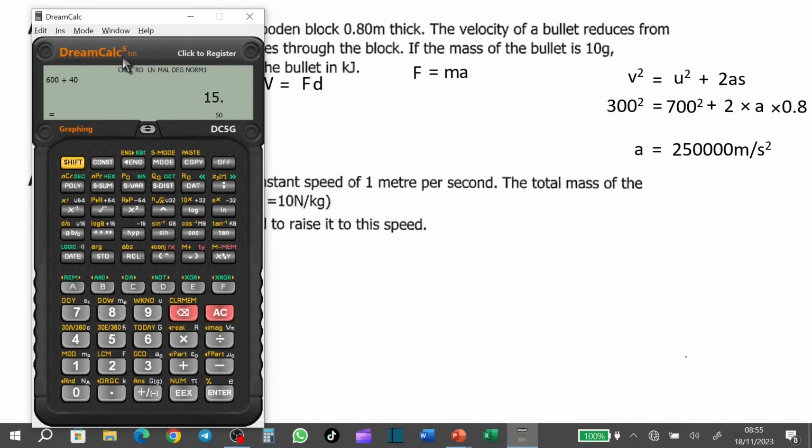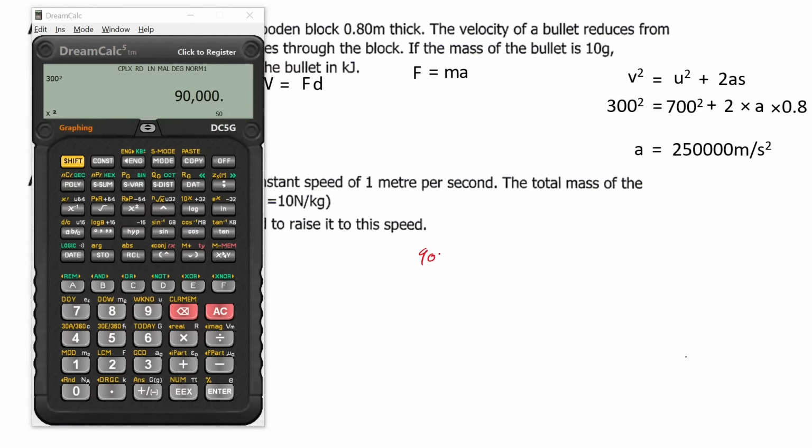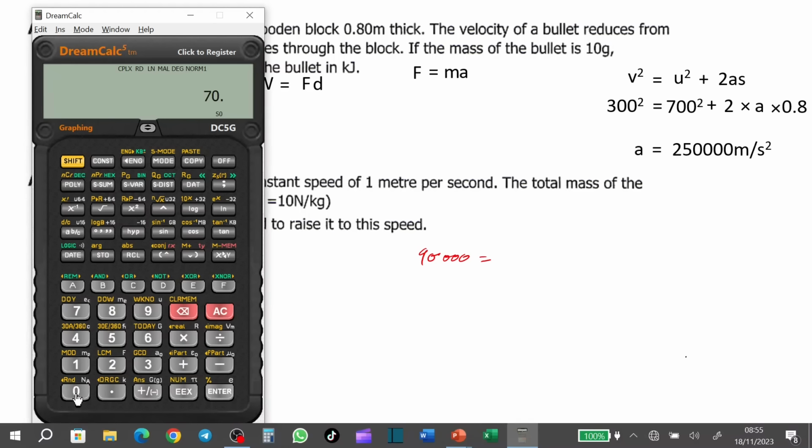What we did here was 300 squared, which gives 90,000, equals 700 squared, which gives 490,000.